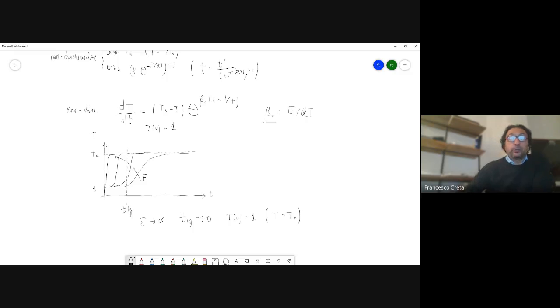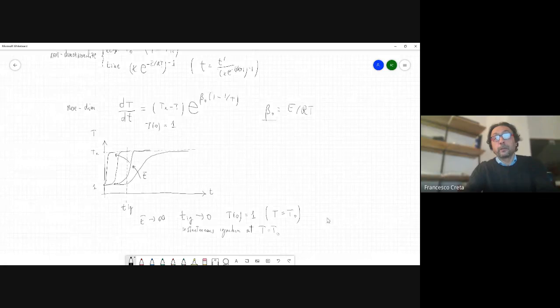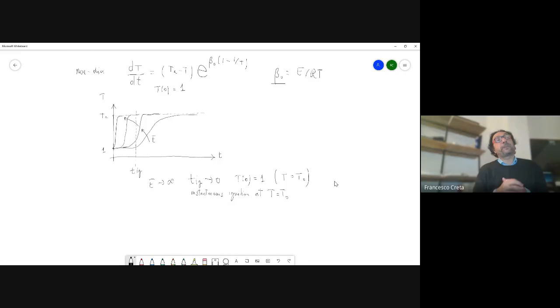So when E is infinitely large, you have essentially an instantaneous ignition at the initial temperature. Before, when E was finite, it was taking a long time, a finite ignition time.